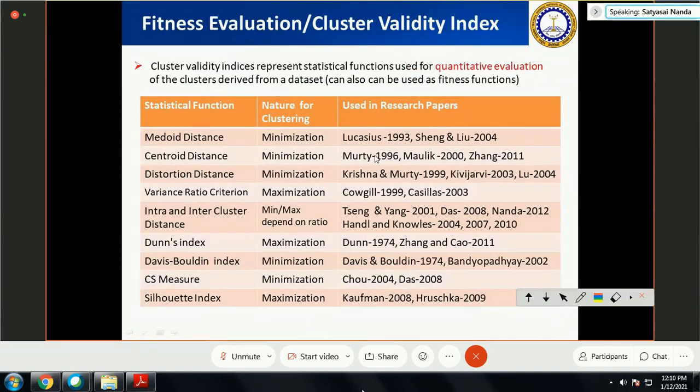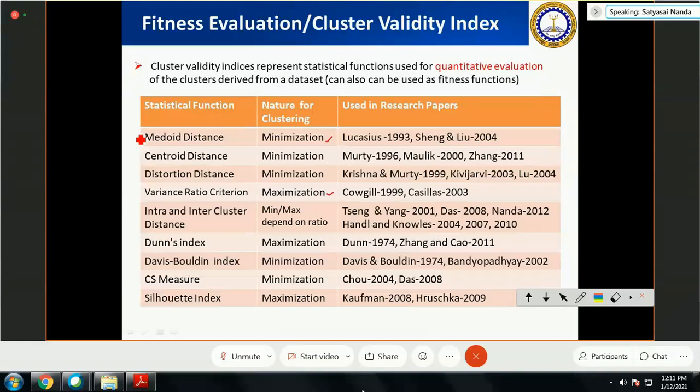I told you that there are statistical functions which determine the relationship between the clusters or the relationship between the elements. These are the statistical functions narrated here, which are used either as a minimization or maximization problem to do the clustering task.